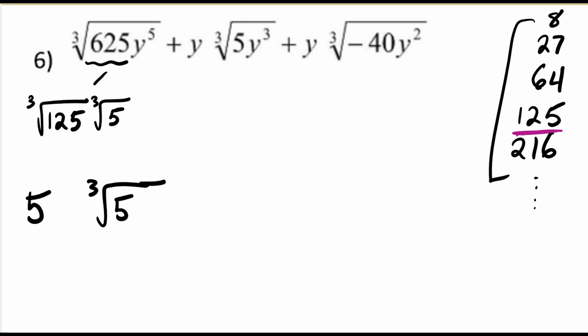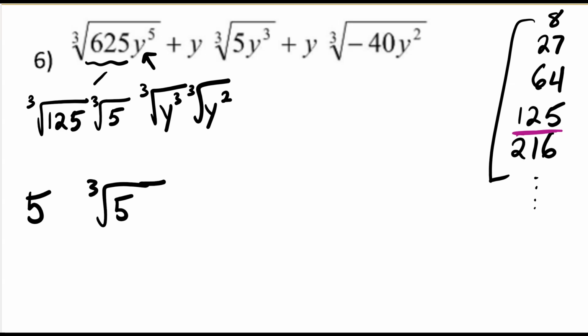somewhere hanging out. And then when I look at that y to the 5th, I think to myself, well, what could I break that into where it would be a perfect cube times something that isn't a perfect cube? And for a perfect cube for a variable, my only constraint is that I would need the exponent to be divisible by 3.